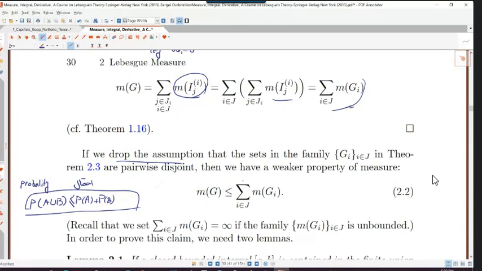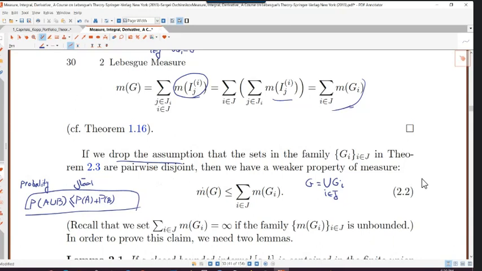Now we can say a similar thing here for measure. If G is an arbitrary union, not a disjoint one, of Gi where i belongs to I, here it is possible that two of the Gi's have non-empty intersection.